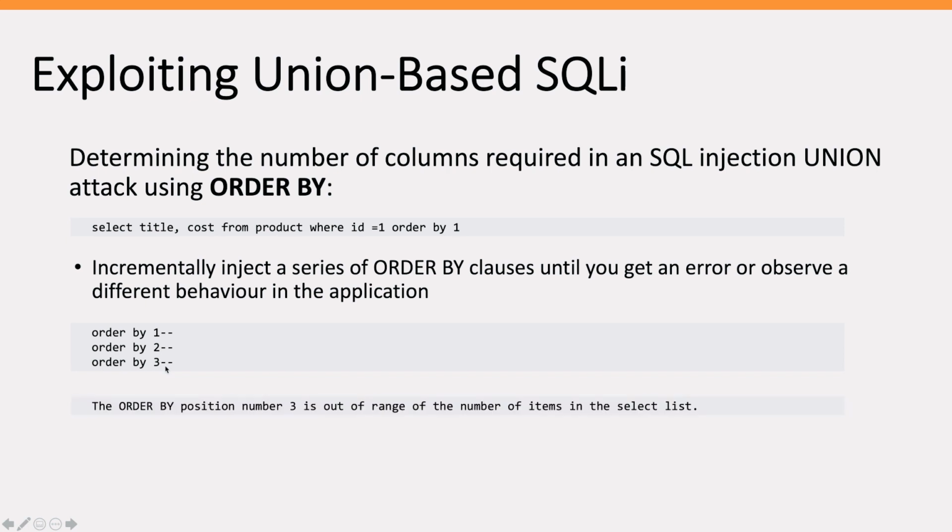And so I get an error saying the ORDER BY position number 3 is out of range of the number of items in the select list. And so this way, I know that 3 is not a column. And since I incrementally increase the value of the ORDER BY integer over here, I know then the number of columns is this value minus 1. So 3 minus 1, which is 2. I know that the number of columns being used in the SQL query is 2. So that's the way to do it using the ORDER BY clause.